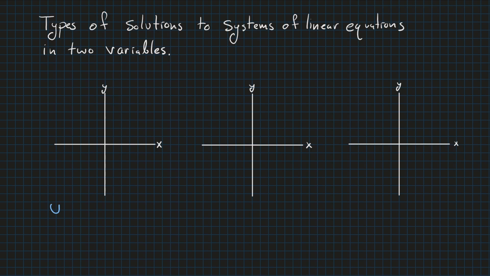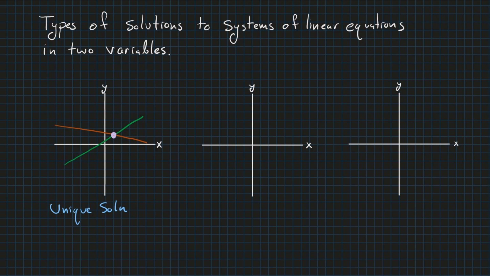And so we have a unique solution. In this case, we have two lines, one coming like this and another one like this.